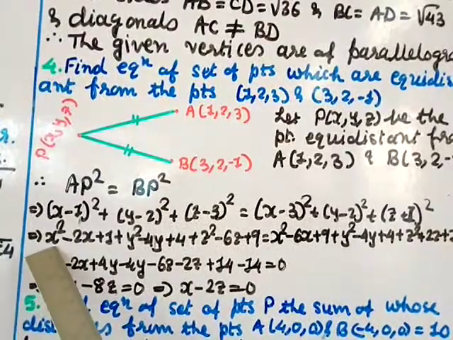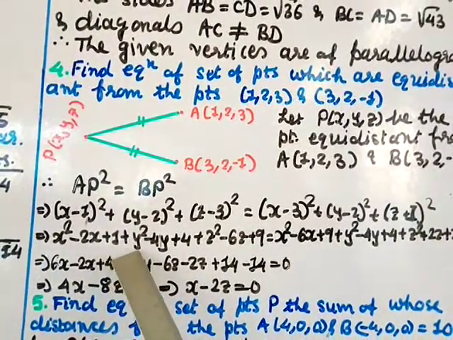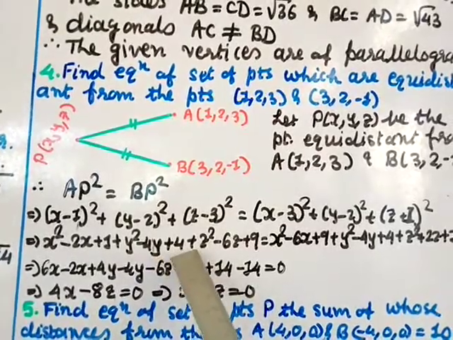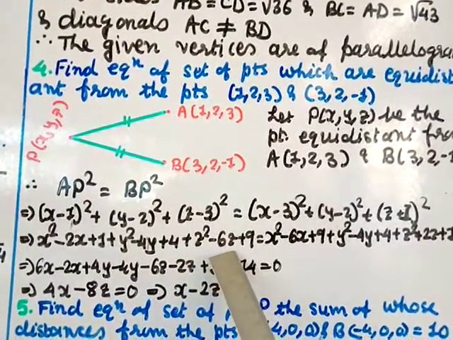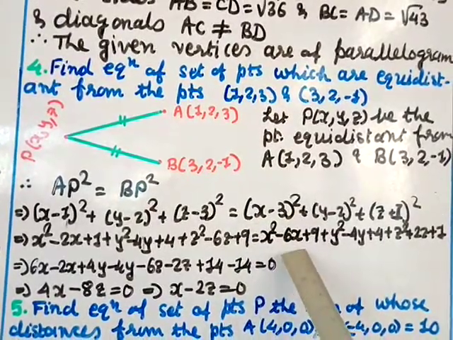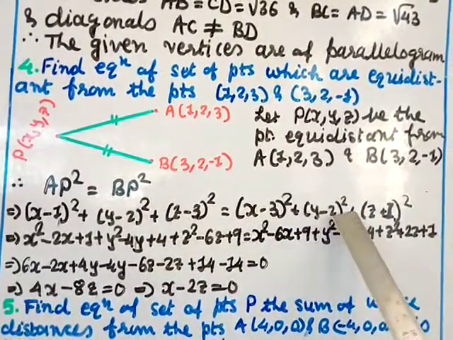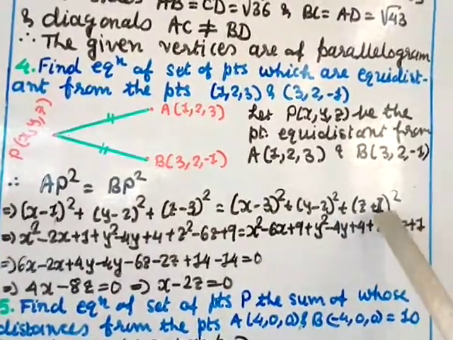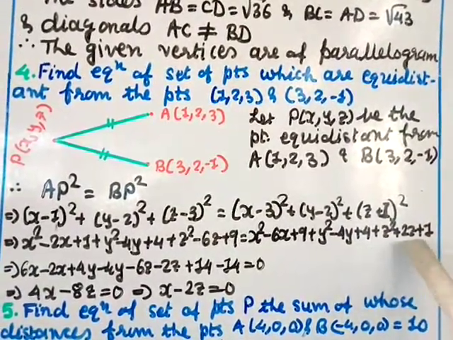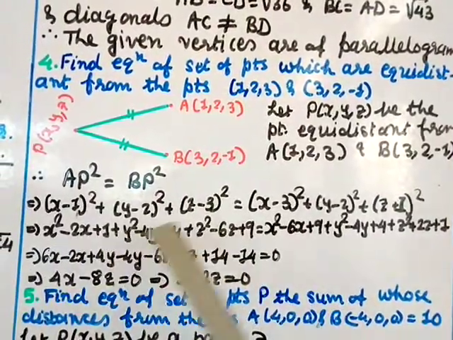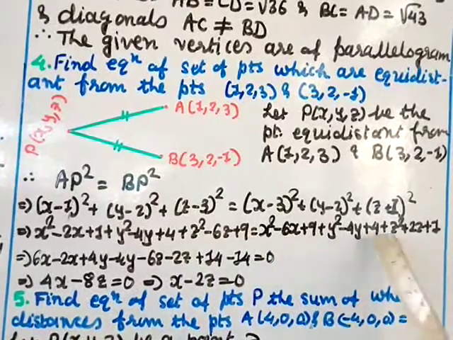So this one is x square minus 2x plus 1, plus y square minus 4y plus 4, plus z square minus 6z plus 9, equals x square minus 6x plus 9, plus y square minus 4y plus 4, plus z square plus 2z plus 1. Now you can see x square and x square will cut, y square and y square will cut, z square and z square will cut.